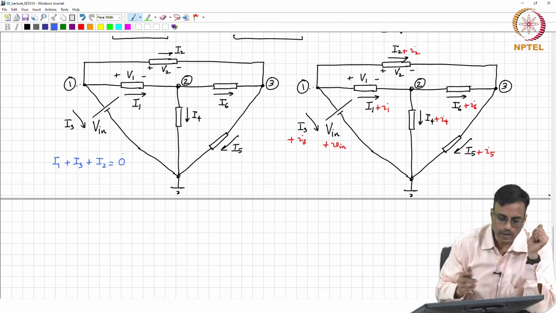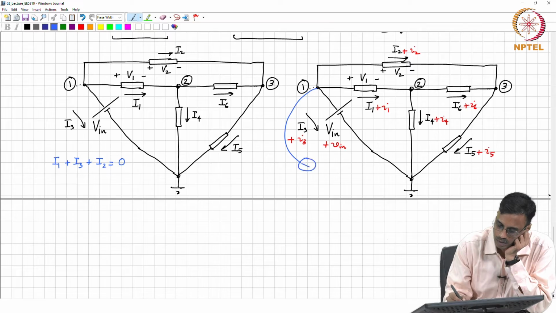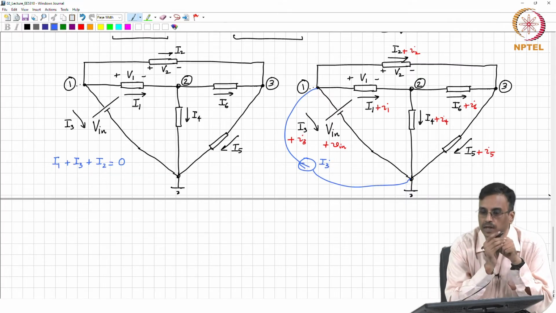Okay. Now, watch carefully as I do this. I am going to add a current source like this, in the opposite direction.